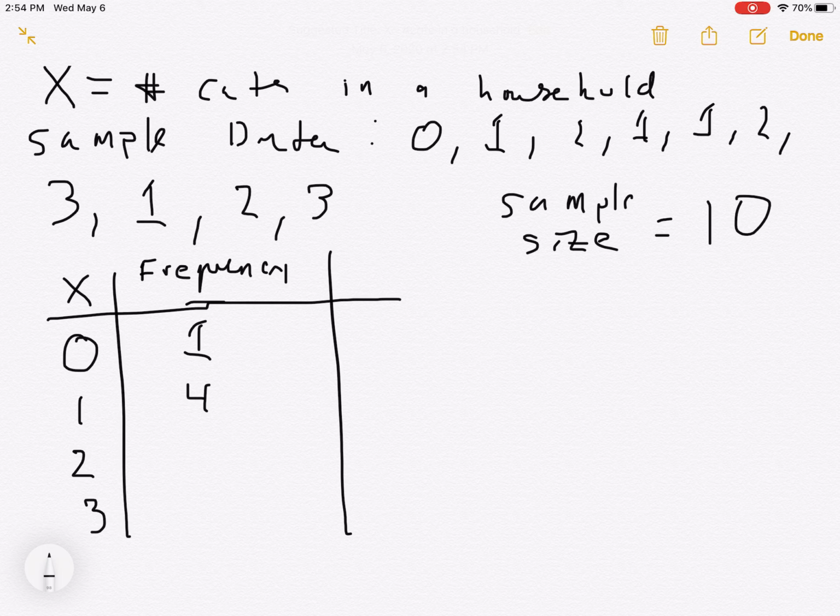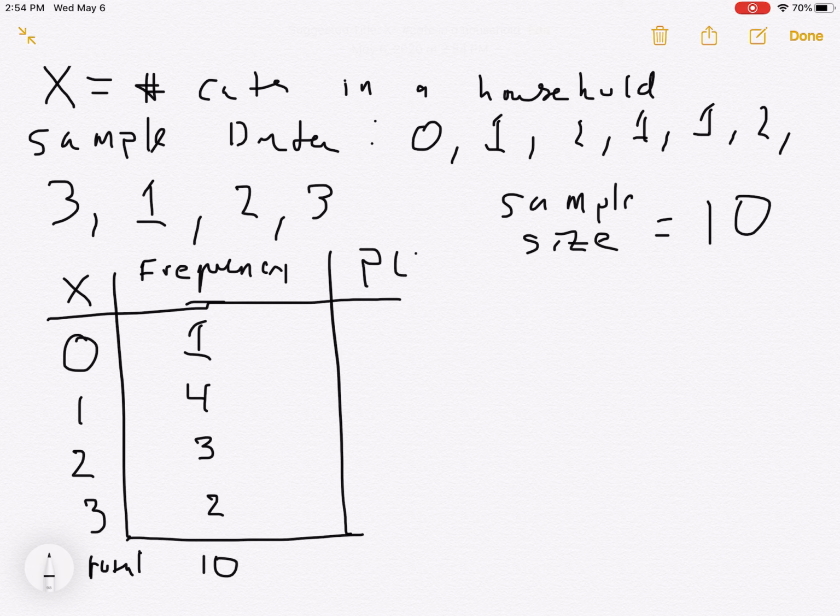Then 2, well, 3 people had 2 cats. And 2 people had 3 cats. Okay, and when I sum all of this up, it gives me the sample size of 10, right? So there's 10.